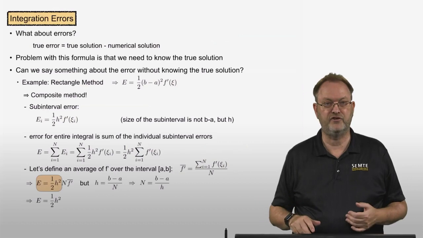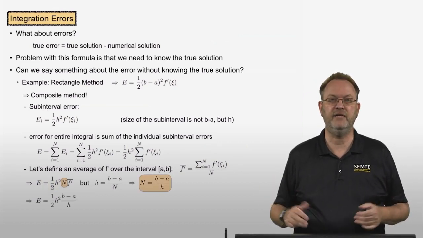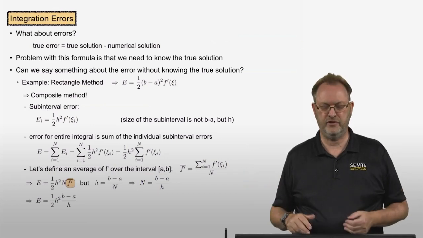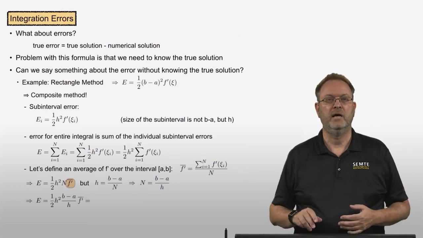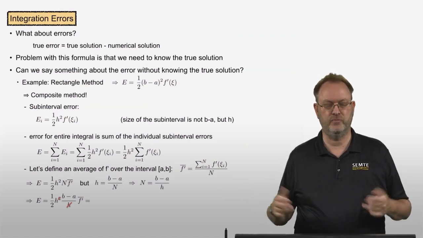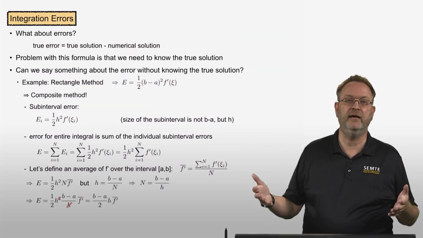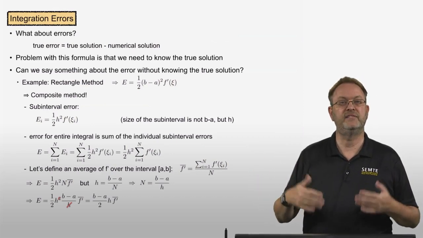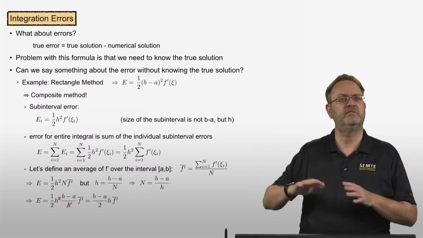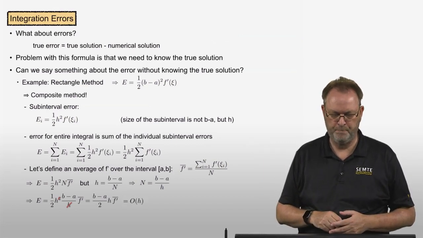So I have half h squared times the n, which is b minus a divided by h, and then times this average of f prime. And now you see that I have an h squared divided by an h. That leaves me just with one h. So the error would be b minus a over 2 times h times this unknown average value of f prime.